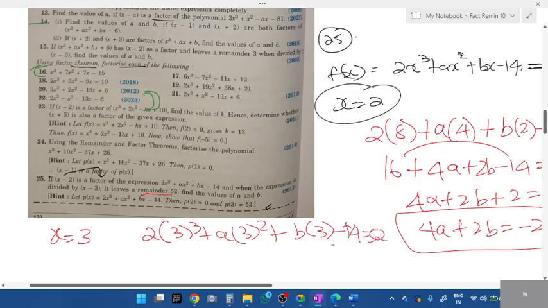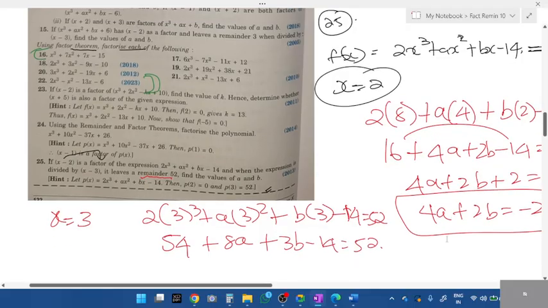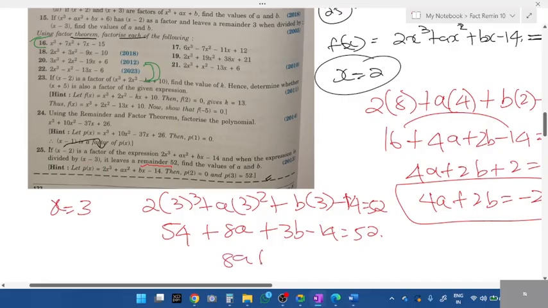This is the second part. 3 cube is 27, 2 into 27 is 54, plus 8A plus 3B minus 14 is equal to 52. 8A plus 3B, 54 minus 14 is 40. 40 minus 52 is minus 12. This is the second equation.